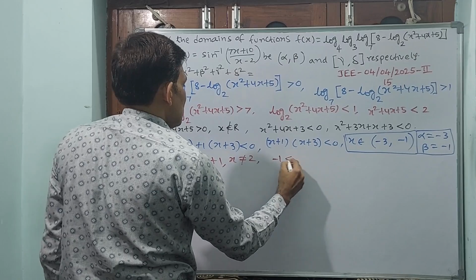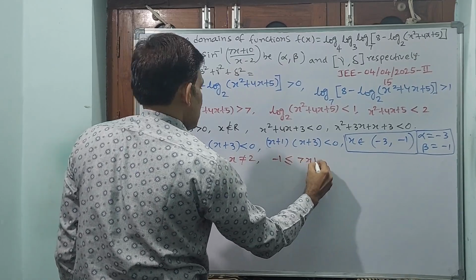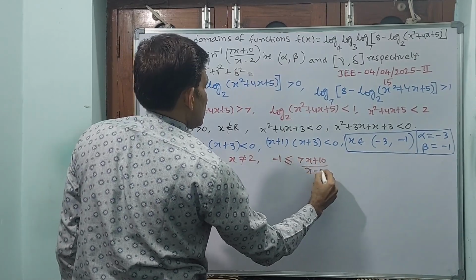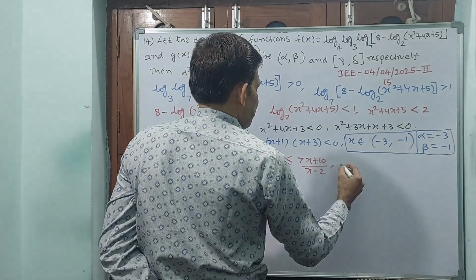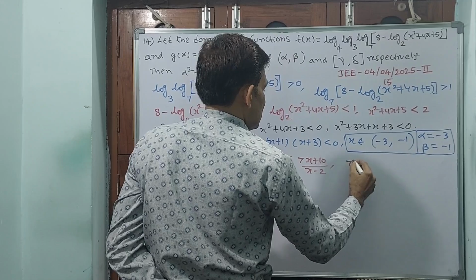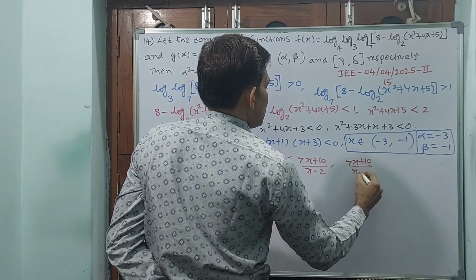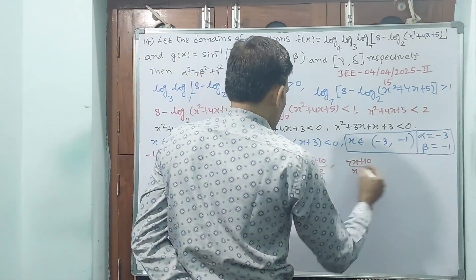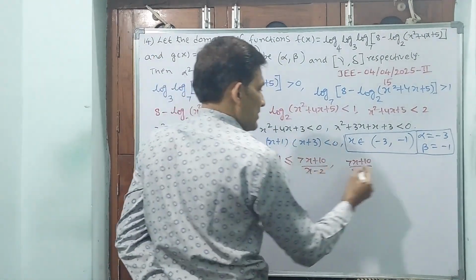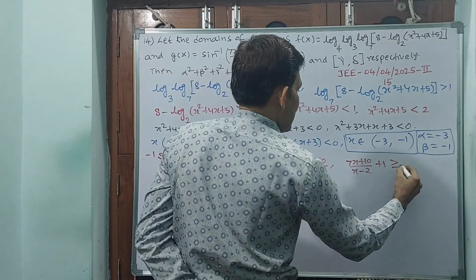I will take it like this: minus 1 less than or equal to (7x plus 10) by (x minus 2) plus 1. Minus 1 goes to that side, so plus 1 greater than or equal to 0.